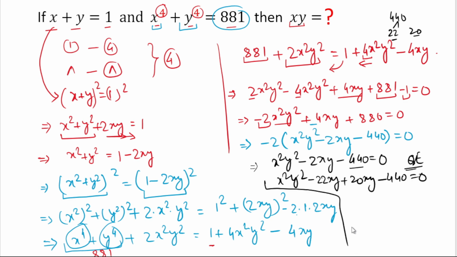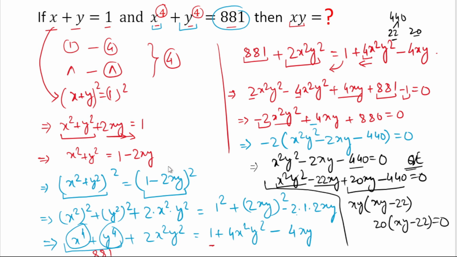Now from this equation, we can take xy common from the first two terms. The remaining here is xy minus 22. And from the last two terms we can take 20 common. The remaining here is xy minus 22, equal to 0.